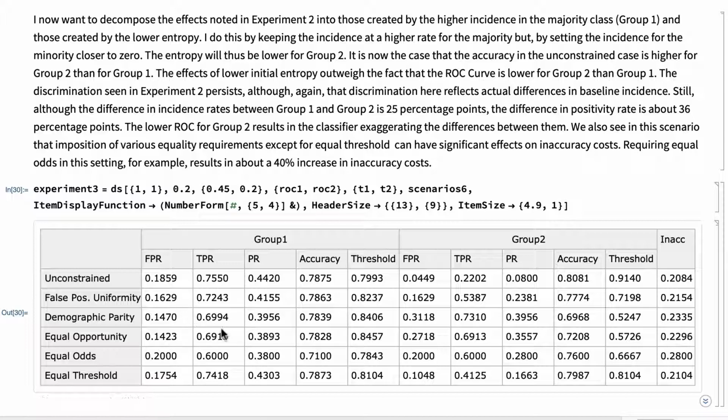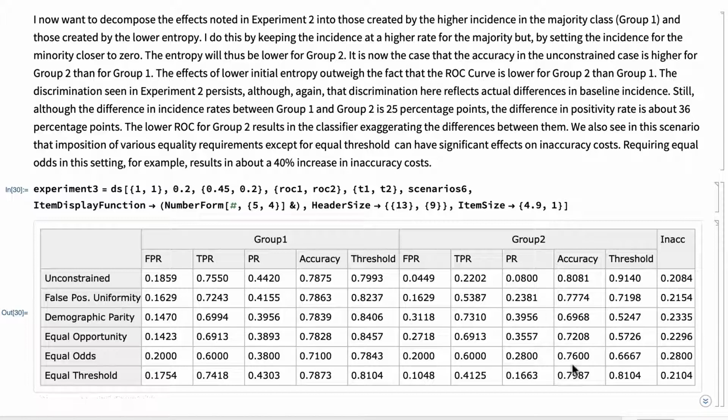But we also see that the inaccuracy costs are going up in a number of the scenarios now. Moving to demographic parity actually results in a substantial increase in inaccuracy costs. Equal opportunity has a significant effect, and equal odds now really has a big effect of increasing inaccuracy costs by 40%.